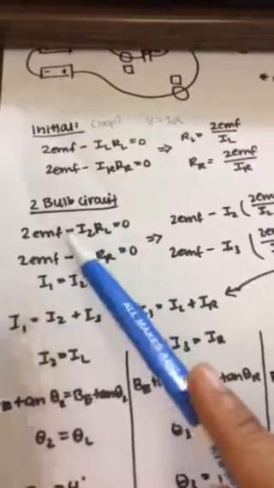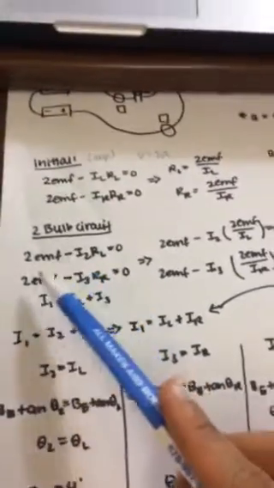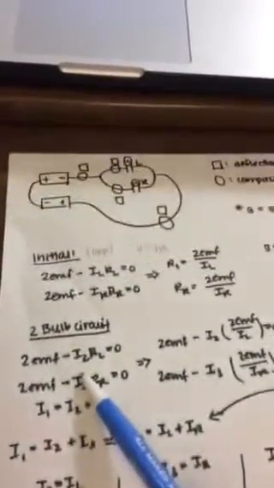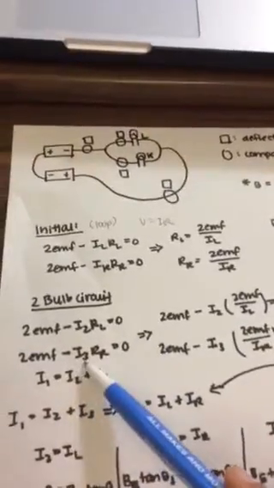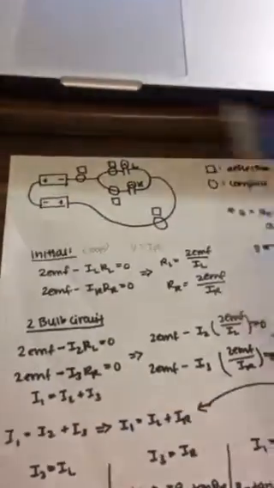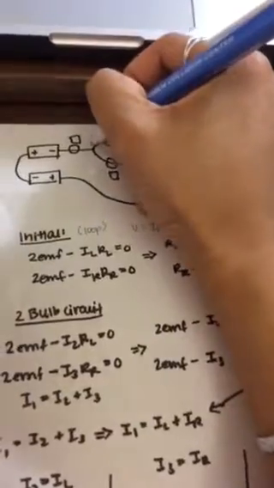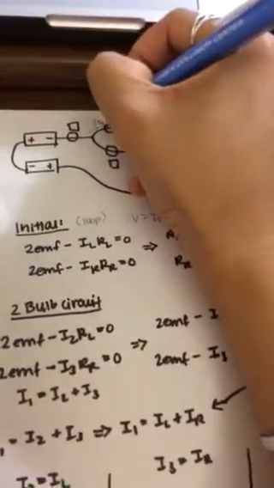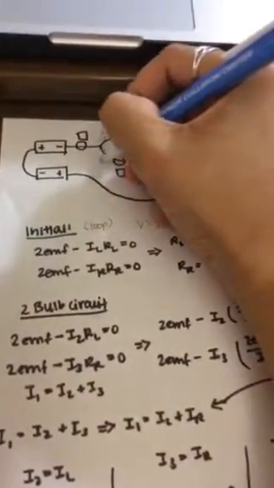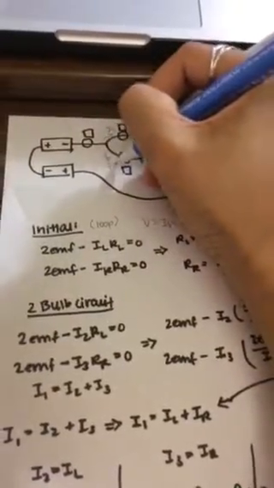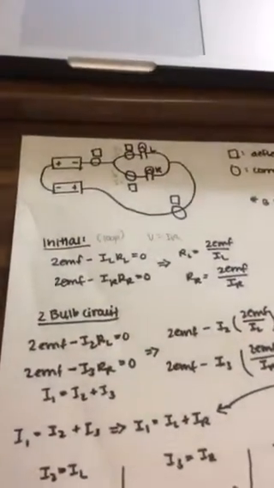So now you apply the loop rule once again, 2 EMF minus I2 RL, and then 2 EMF minus I3 RL. So this is I2, I3. Okay?